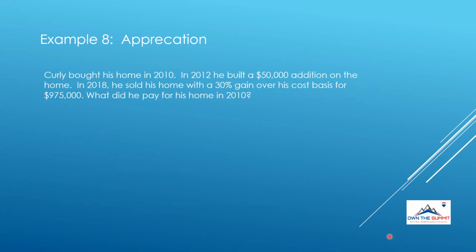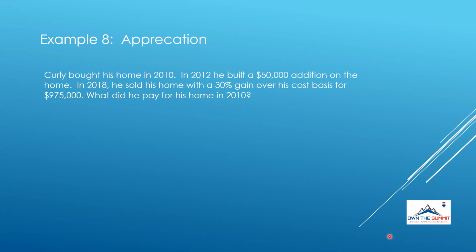Here's another appreciation question. Curly bought his home in 2010. In 2012, he built a $50,000 addition on the home. In 2018, he sold his home with a 30% gain over his cost basis, and he sold it for $975,000. What did he pay for his home in 2010?